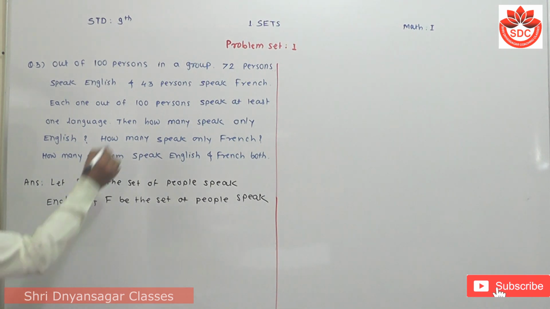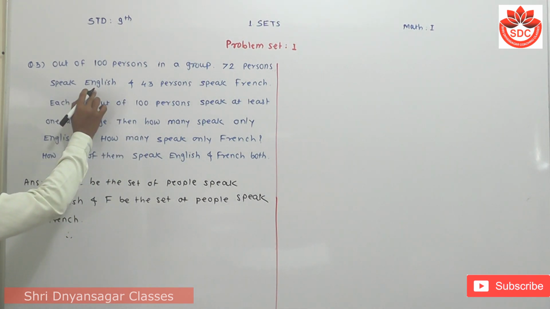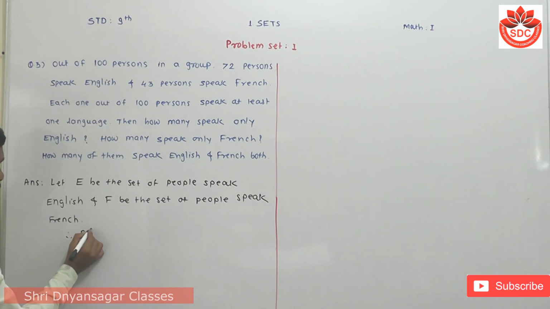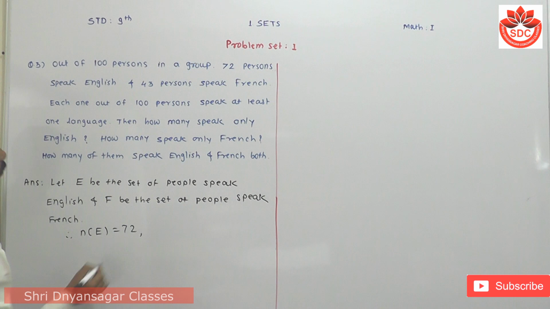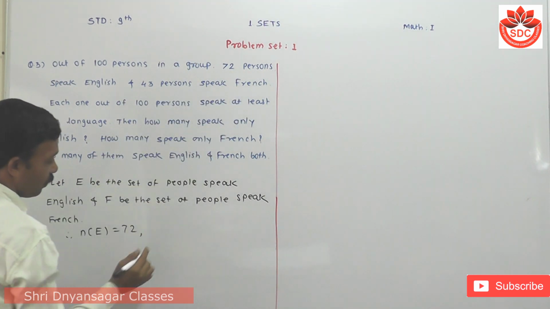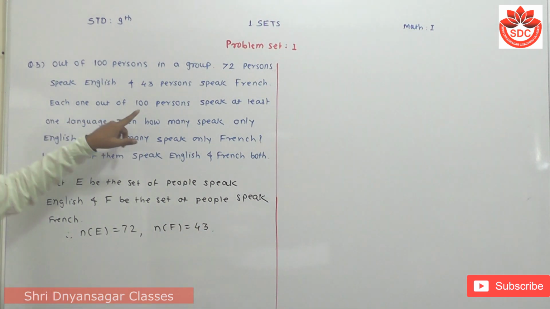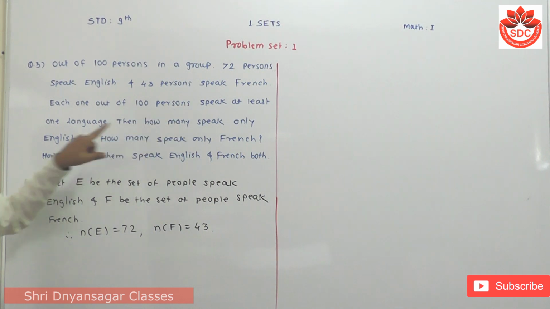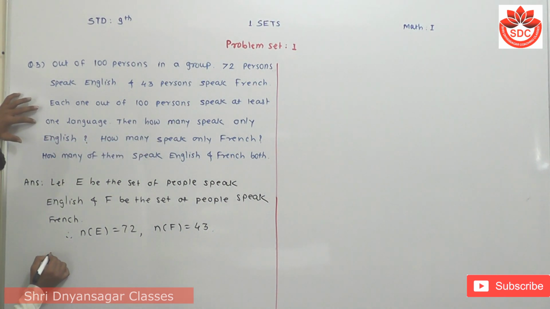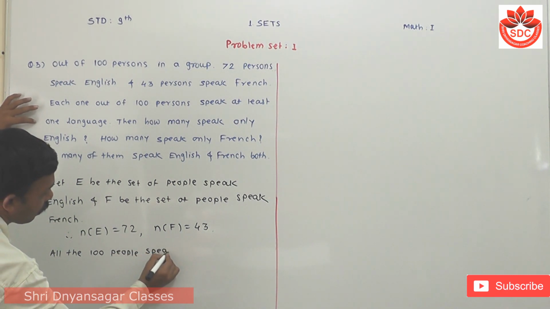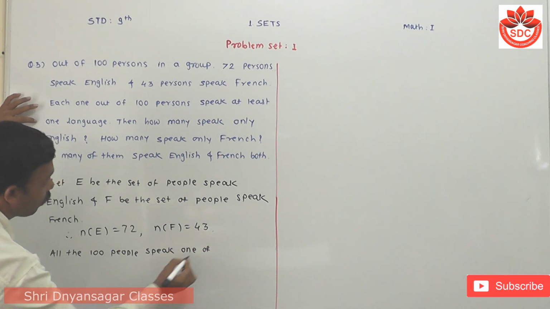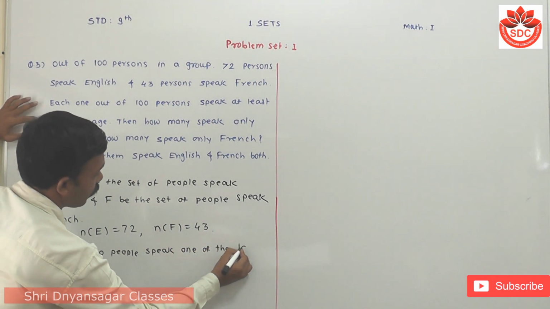Therefore, the number of persons who speak English is 72, meaning n of E is equal to 72. And the 43% who speak French, meaning n of F is equal to how much? 43. Okay, then each one out of 100% speaks at least one language, meaning all 100 people speak one of the languages.